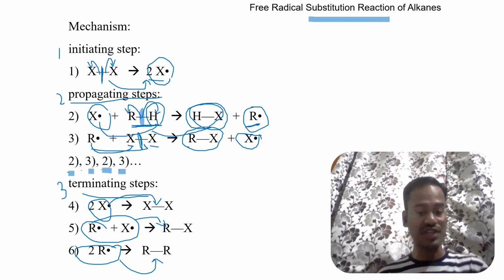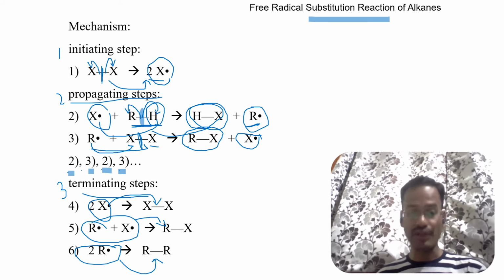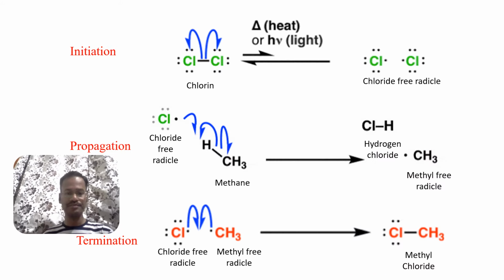Now, let us see the same mechanism a bit colorfully for a bit more understanding. Here you can see the initiation step where chlorine is going to undergo homolytic bond fission, and this bonded pair of electrons will be equally distributed to both of the chlorines in presence of either high temperature or else h nu, that is light, especially UV light.